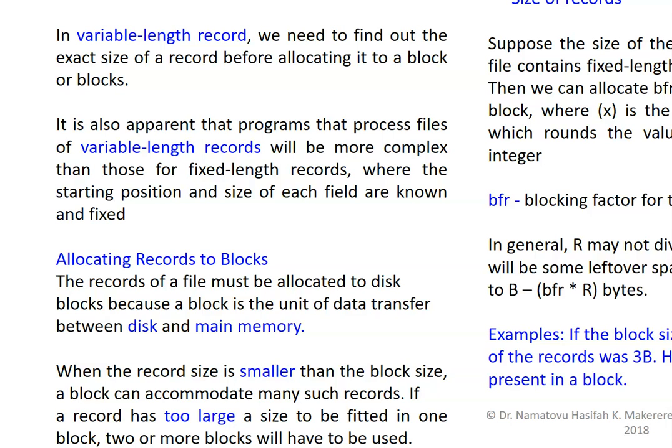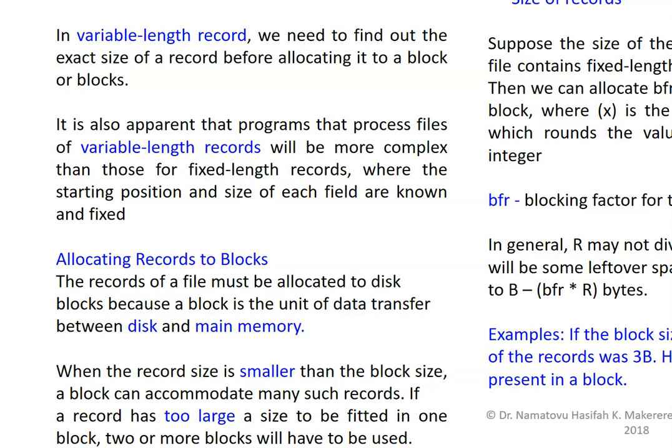Whenever you want to look for data, the block is copied from the disk to the main memory, and then searches are done on that particular block. If the record is there, it will be displayed. If the record is not there, then another block is picked from the disk, copied to the main memory, and the search is done. So that is basically what happens.